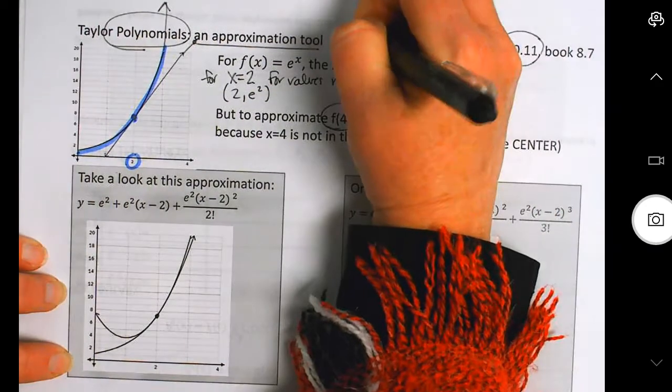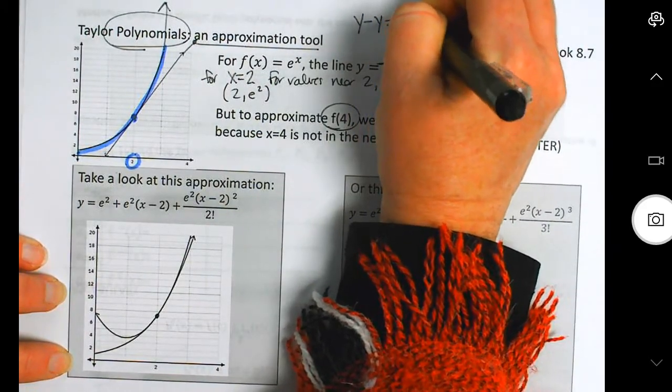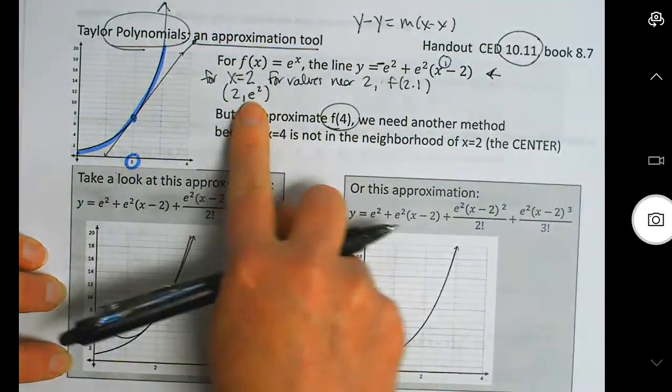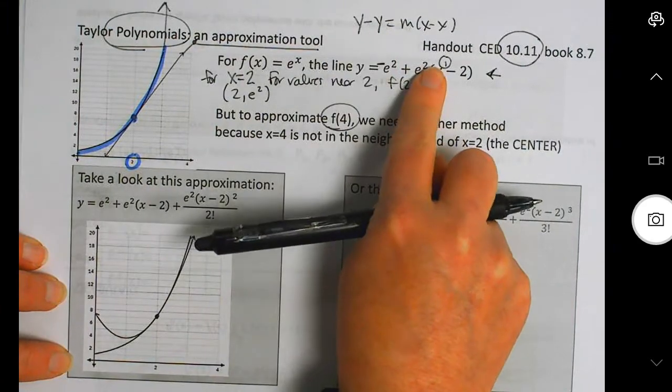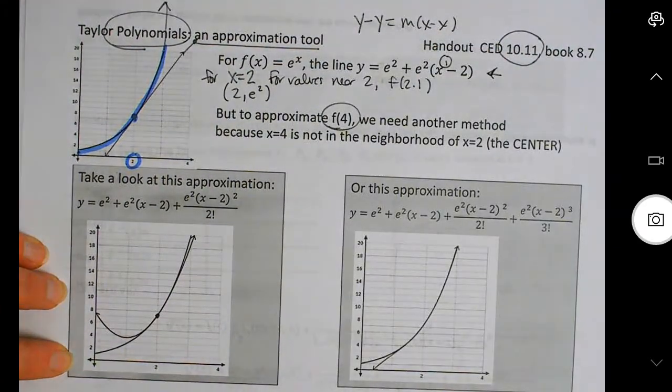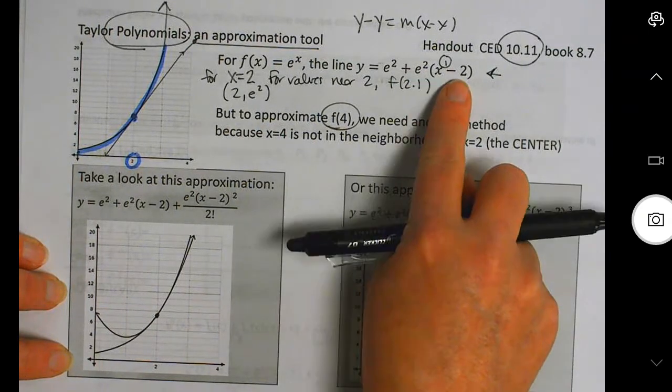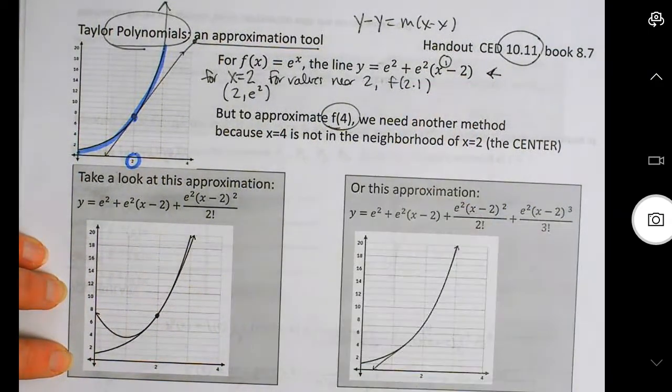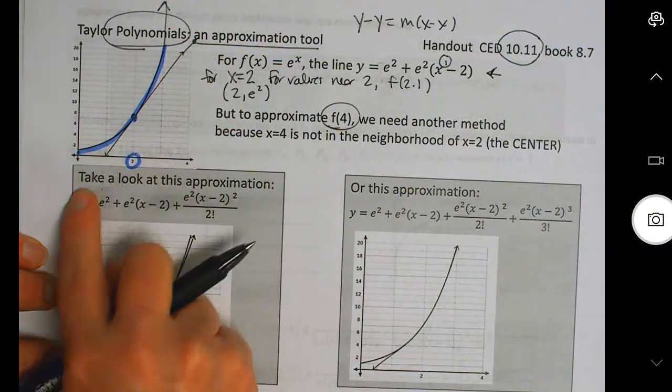If I write y minus y1 equals m times x minus x1, this should be negative e squared. Oh, it should be positive. Oh, I'm right. Okay, sorry. I'm making it a positive. Oh, because that would multiply it by negative 2, and then it would be negative. Okay, my bad. Sorry. I was trying to make the negative work for my y-intercept.